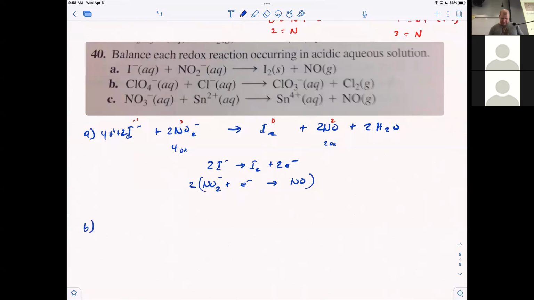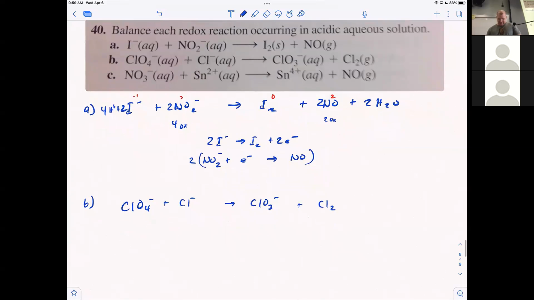So B, ClO4 minus plus chloride makes ClO3 minus plus Cl2. This one here, assign the oxidation states. For ClO4 minus, -1 is equal to chlorine plus 4 times oxygen. -1 is chlorine plus 4 times -2, so 7 equals chlorine.